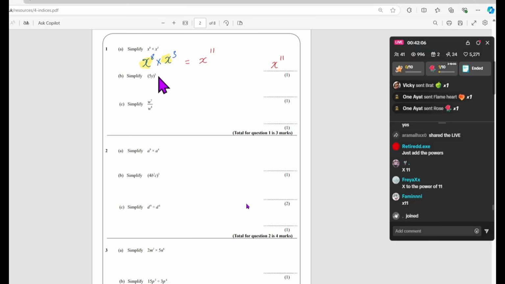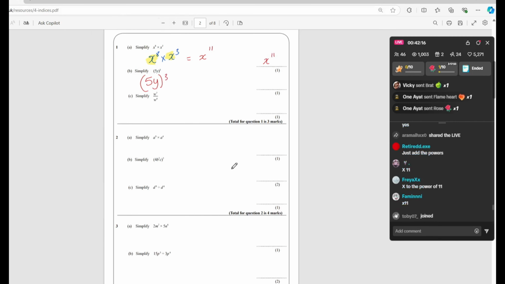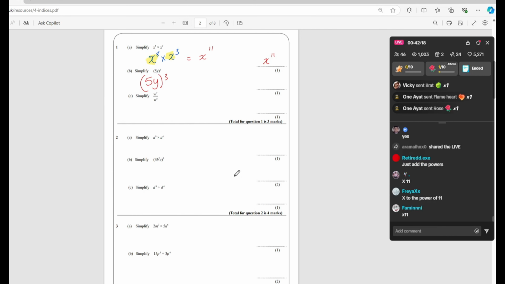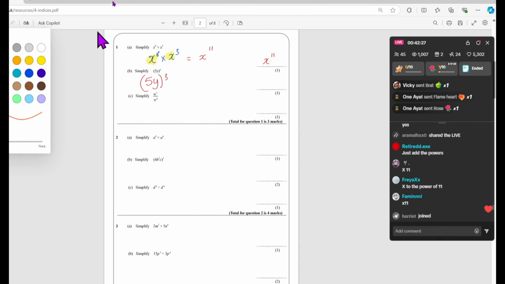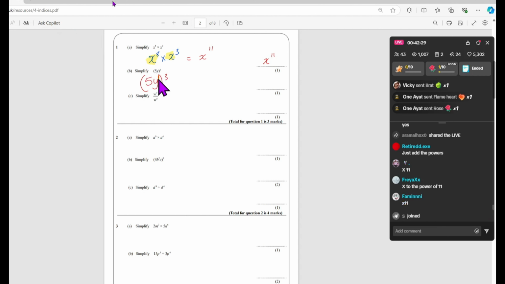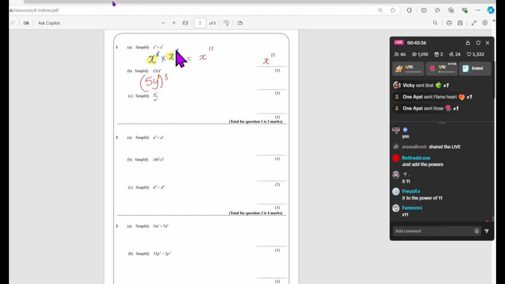So now we need to simplify 5y, and then 3. What do we do here? Technically there's an invisible 1 here. Now, when we have two powers together, we multiply them.